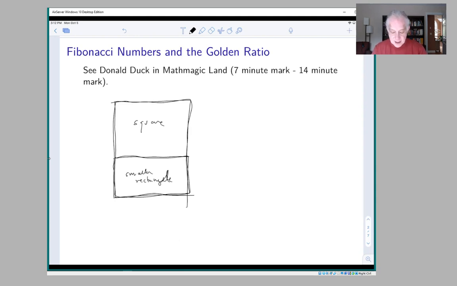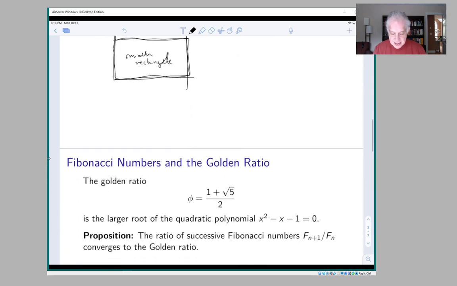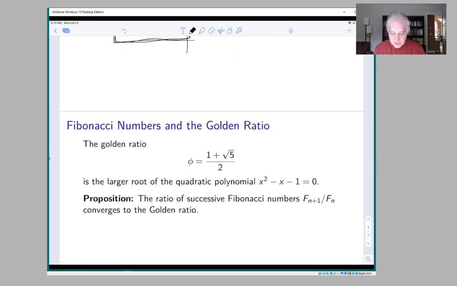So it turns out that the ratio which makes that work, which is called the golden ratio, is the number 1 plus the square root of 5 over 2, which is about 1.6. And it's the larger of the two roots of the quadratic polynomial x squared minus x minus 1 equals 0.